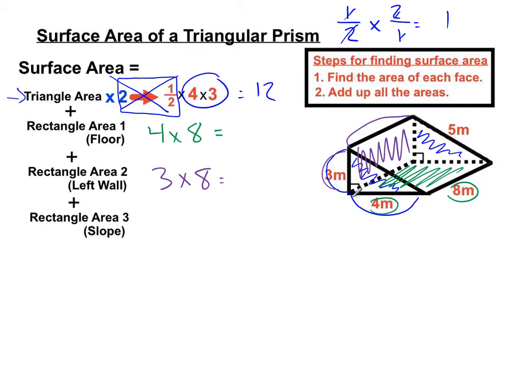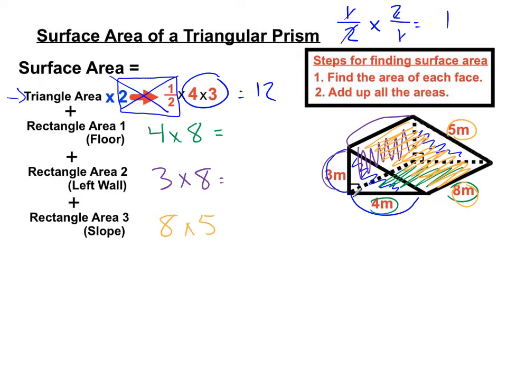And the rectangle area 3, the slope on the front, I'm getting pretty colorful here. Let's go yellow. So this slope on the front, which is 8 by 5.